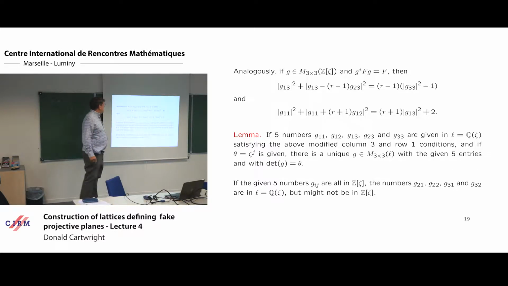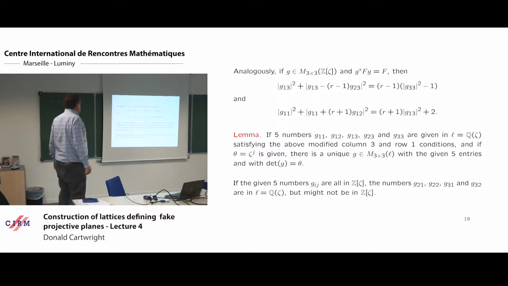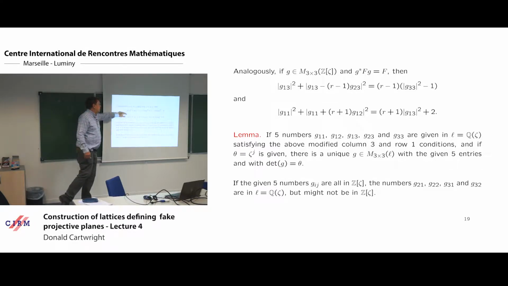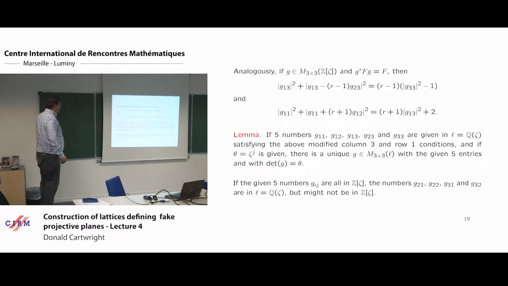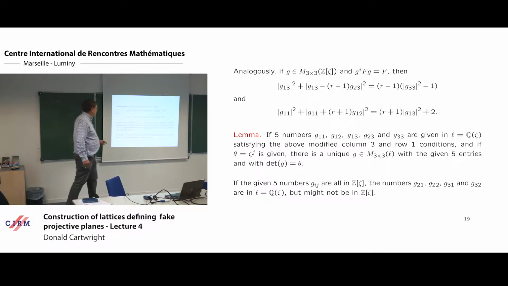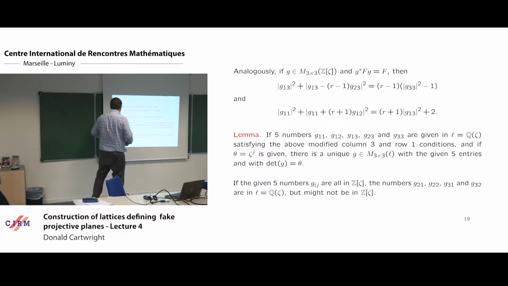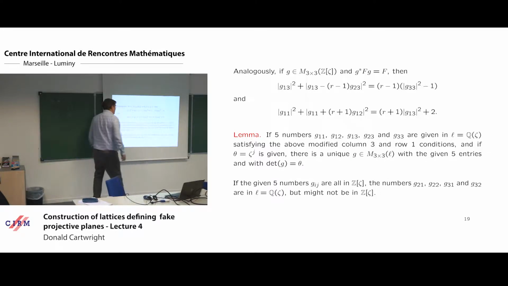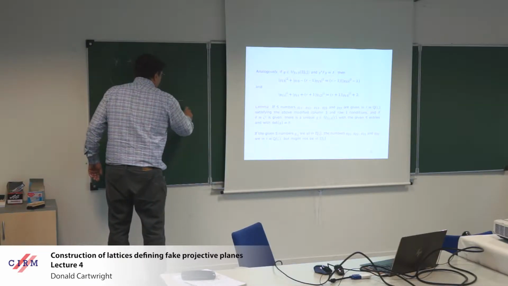This is a column 1 condition, and the same calculation tells you that if you give me five numbers in the cyclotomic field, which satisfy these two conditions, and if you give me a theta in the field of modulus 1, then I can fill in the matrix and get a unique G in 3 by 3, but I forgot to say satisfying G star F equals F. I mean, that's the whole point.